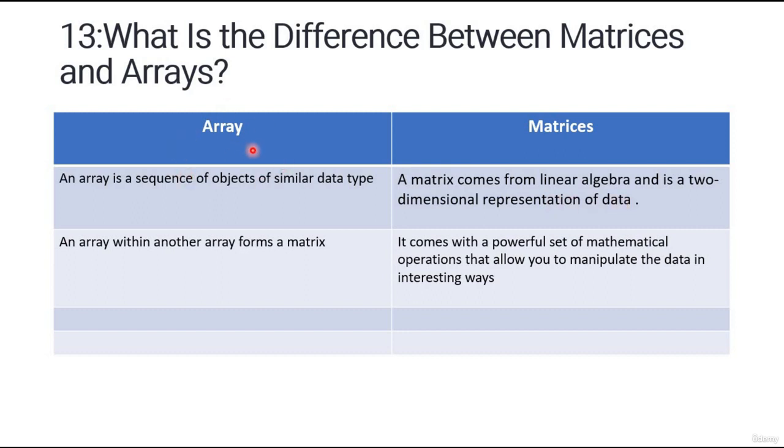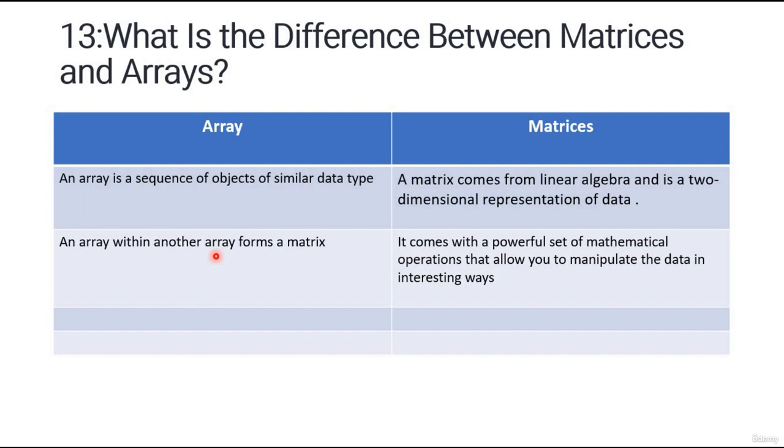So an array is single dimensional and a matrix has a two-dimensional representation. An array within another array forms a matrix, right? So when we combine two arrays, then it forms a matrix. It comes with a powerful set of mathematical operations that allows you to manipulate the data in interesting ways. So a matrix is a bit complex and arrays are a little bit easier to deal with.